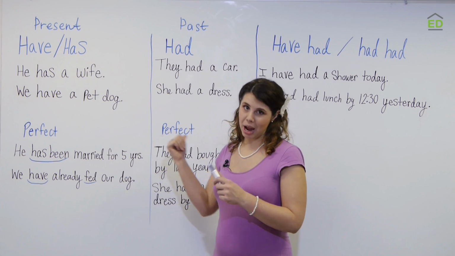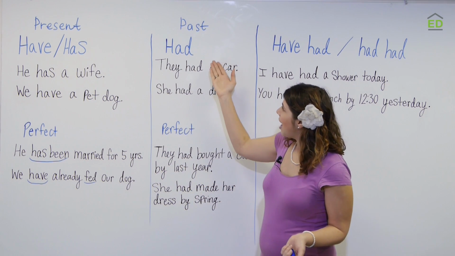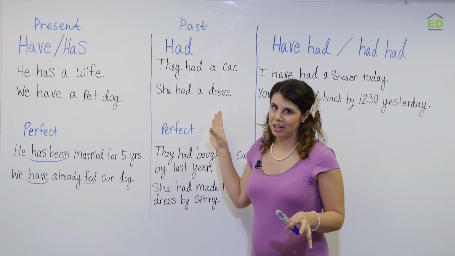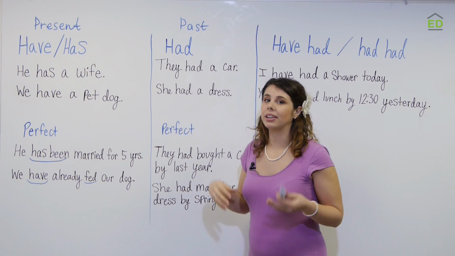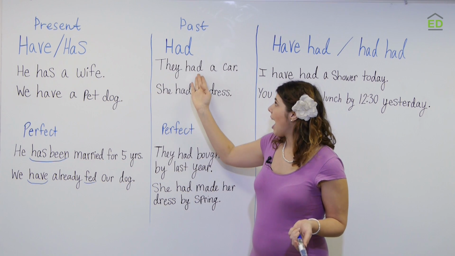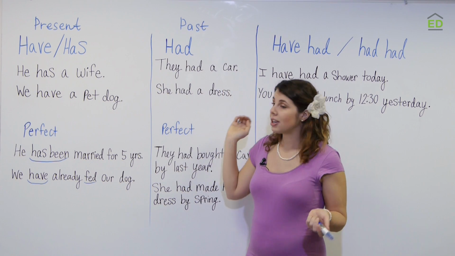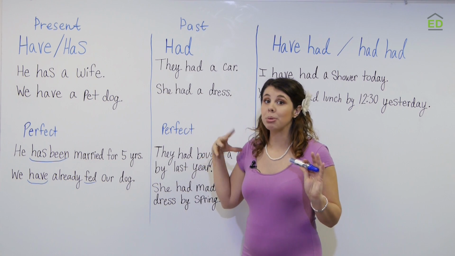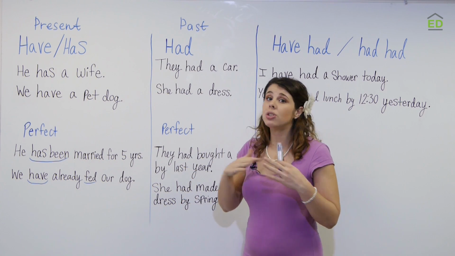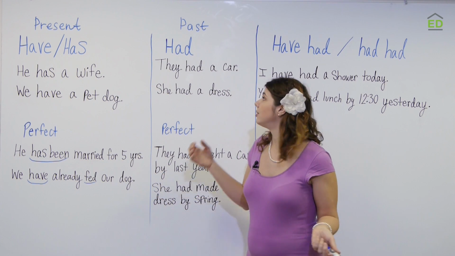Let's move on to the past. So here we have had. Let's think about the first meaning again. Possessing and owning something. So they had a car. So they used to, they possessed, they owned a car in the past, but they don't own a car now.